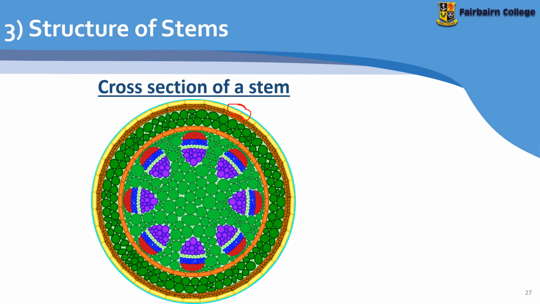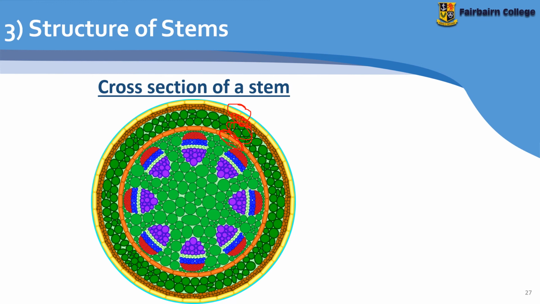Then underneath that, the brown layer over here is the collenchyma for support. Then underneath that, you have a few layers of parenchyma tissue. And then in some plants, not all plants, you will find an endodermis layer, which is similar to the endodermis found in the roots. But don't worry too much about that. We don't have any notes on that.